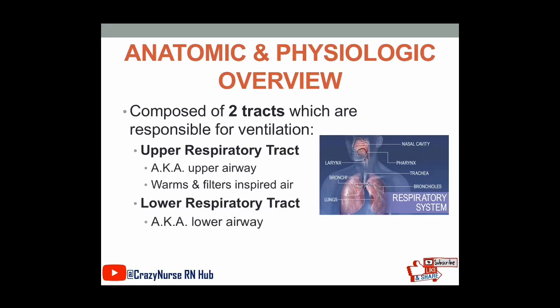It is also known as your lower airway, and it accomplishes gas exchange or diffusion in the lungs. So the main function of your upper respiratory tract is basically the entrance and exit of your air. However, in your lower respiratory tract, the main function is more on gas exchange, which is happening inside the lungs.